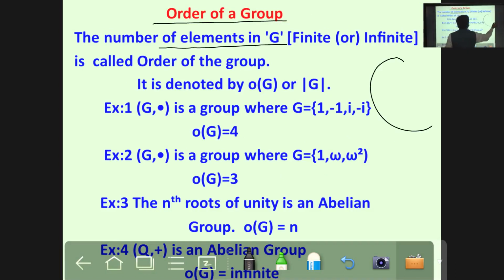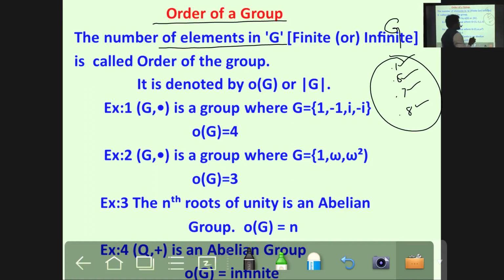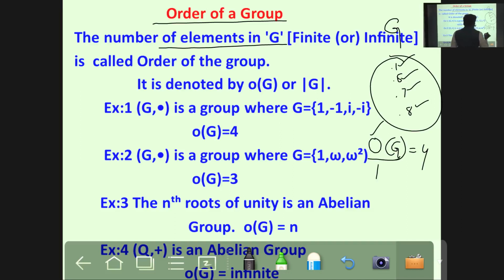Suppose G is a group with elements 1, 5, 7, 8. Count them: 1, 2, 3, 4. Therefore, there are 4 elements in G. Therefore, order of G, O of G, where O means order, equals 4.